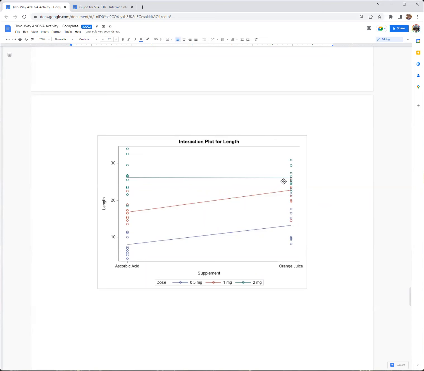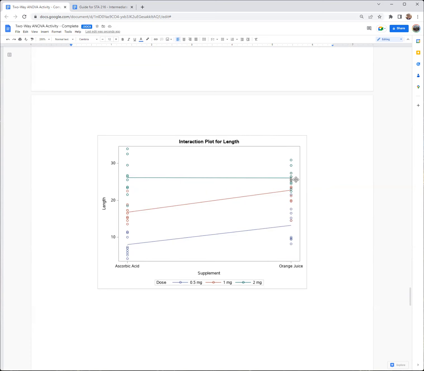And the lines are connecting the different treatment group means. So for example, green is the 2 milligram groups. So right here's the average odontoblast length for 2 milligrams of ascorbic acid, which is what all of these green guinea pigs got here.